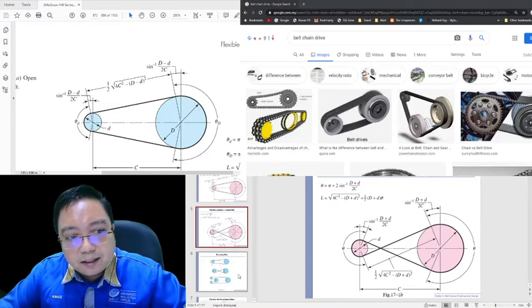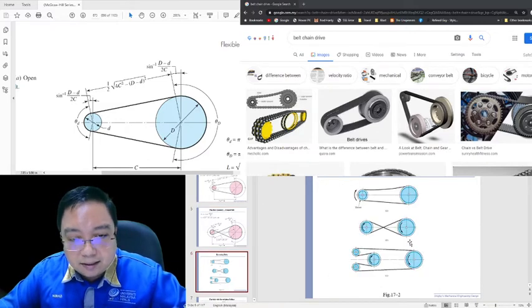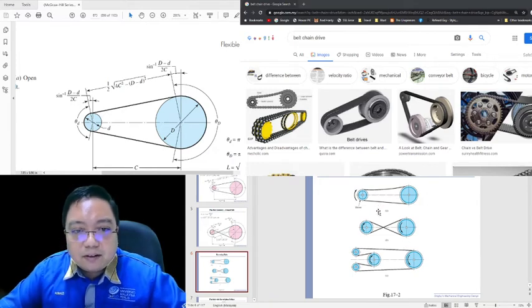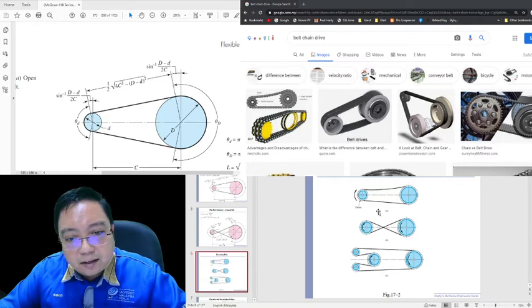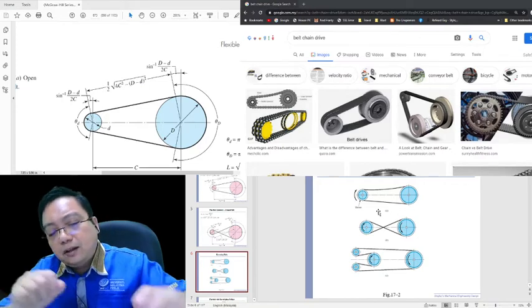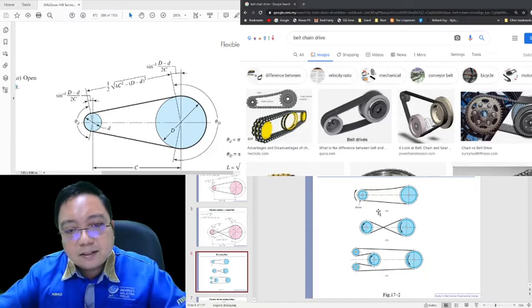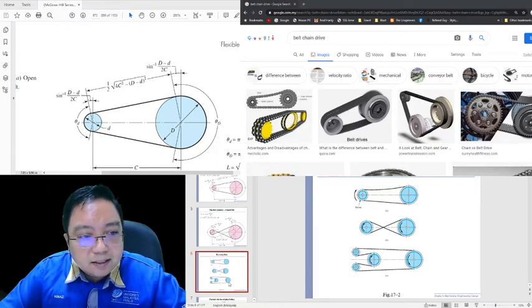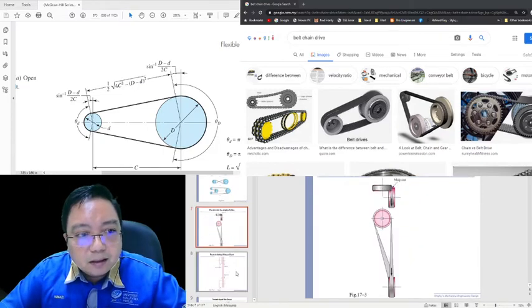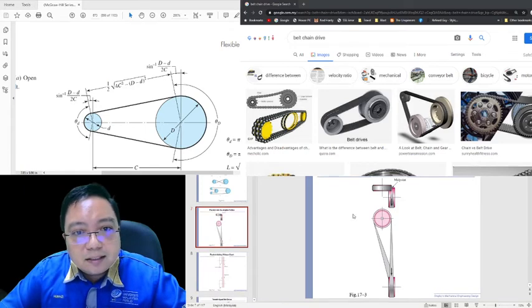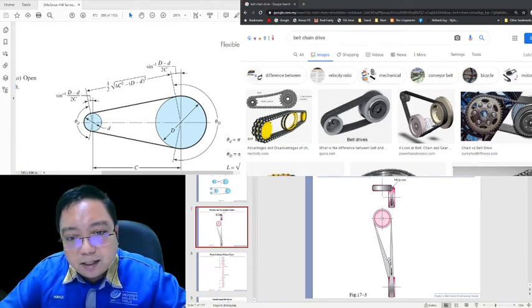And then there are types of belts. There are reversing belts, with a belt that can reverse. You can see an example in your bicycle: if you pedal forward, it goes forward, and if you pedal back, it can reverse. This is the reversing belt. And this is the flat out-of-plane pulley.